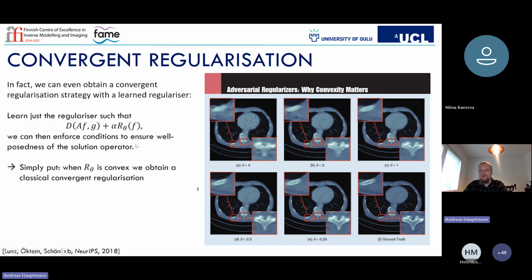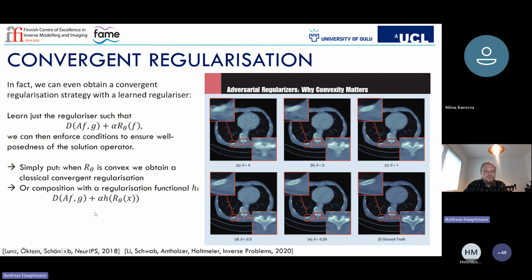You can use convex neural networks, for instance, and you can pretty much directly use classic regularization theory, and you get a convergent regularization. Another option is to combine this with a regularization functional. In that sense, you get a direct connection to the classic theory with a learned regularizer from sample data. The only problem is you need to solve the variational problem again, which we saw is slow. It could use maybe hundreds of iterations to solve this equation.